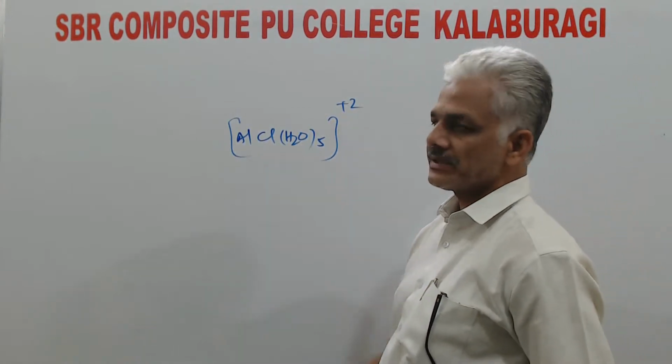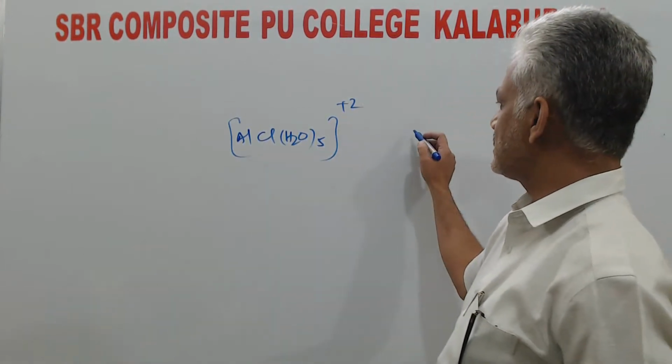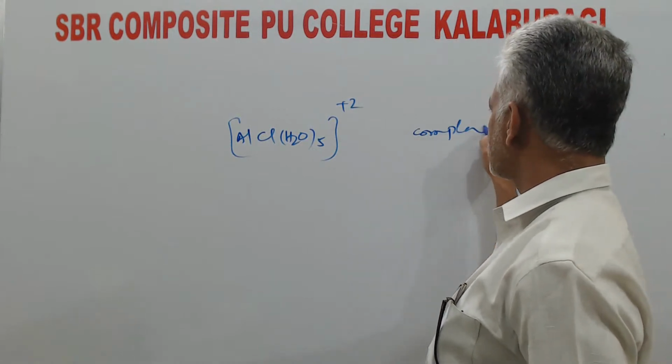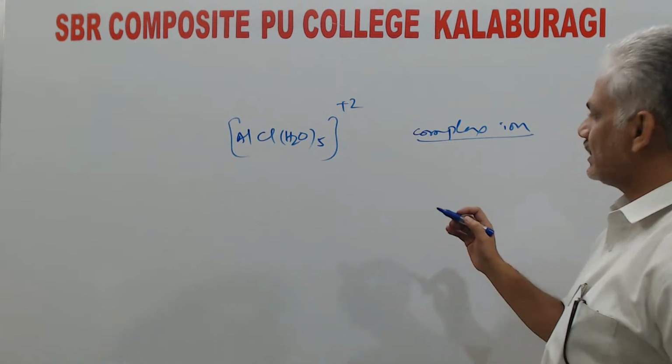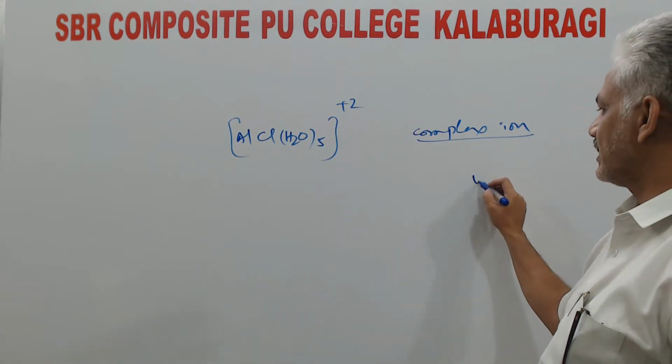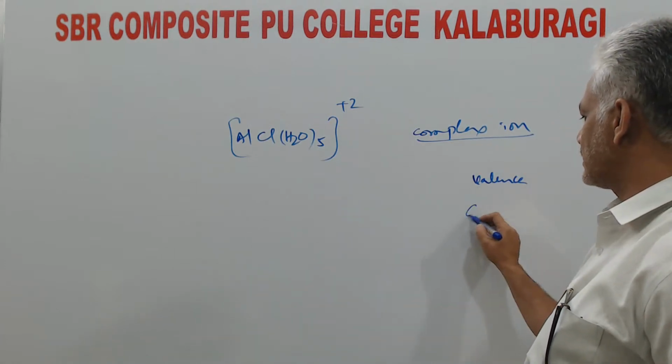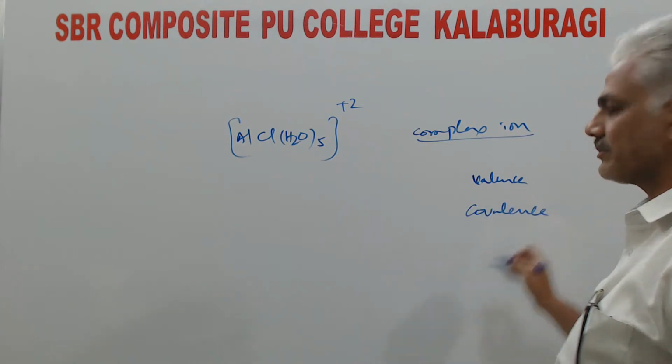The species represented in this example is called a complex ion. Here two different things are involved: one is valency and the second is covalency.